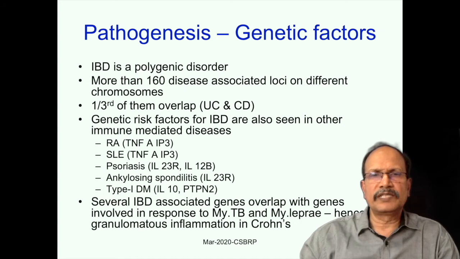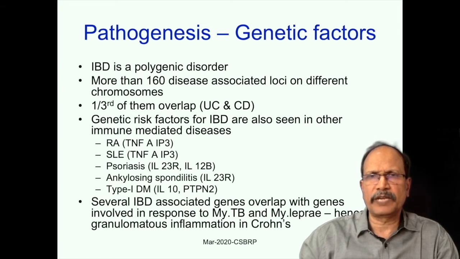Several of these IBD associated genes overlap with the genes involved in our response to Mycobacterium tuberculosis and Mycobacterium leprae. If you recollect, the type of inflammation that is seen in Mycobacteria induced infections is a granulomatous reaction. So because of this, probably Crohn's disease responds mainly in the form of production of granulomatous inflammation.